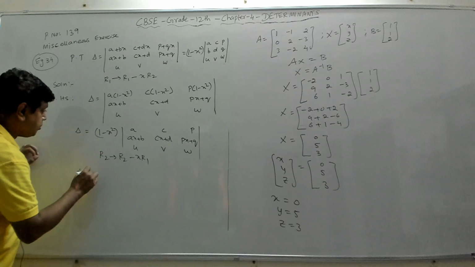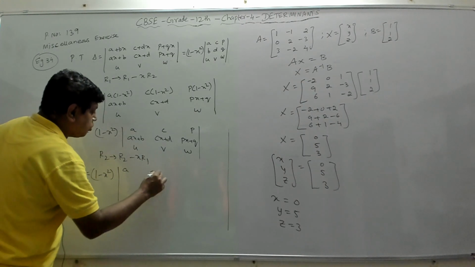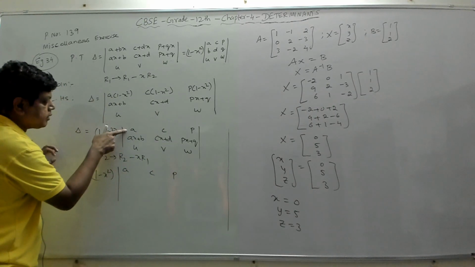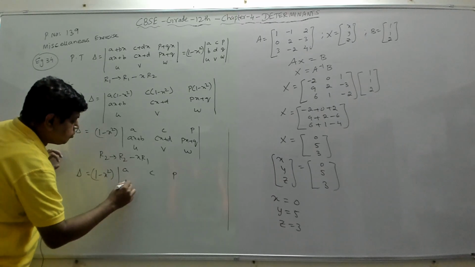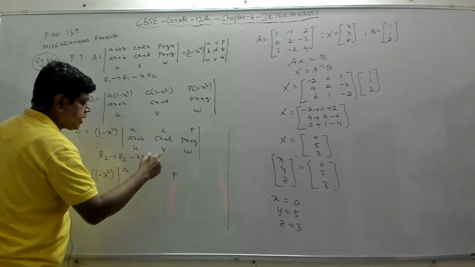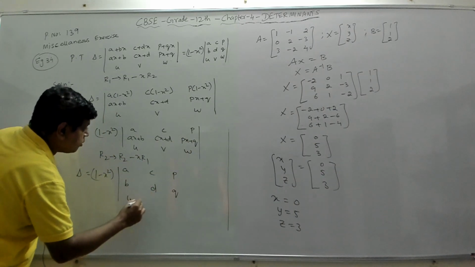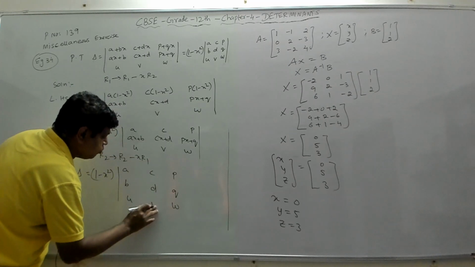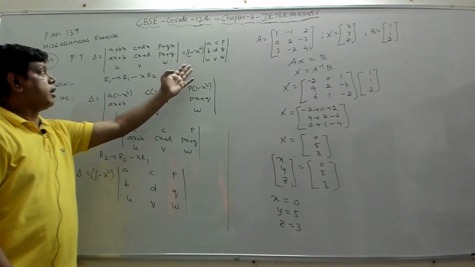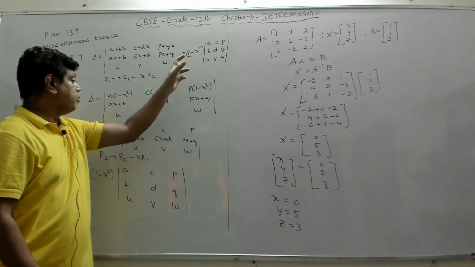So your delta will become 1 minus x square into the determinant: first row no change, second row ax plus b minus x into a will give you b, then cx plus d minus x into c is minus xc plus xc, which will cancel, and you get d. Similarly here you will get q, and the third row no change, u, v, w. So a, c, p; b, d, q; u, v, w, times 1 minus x square.